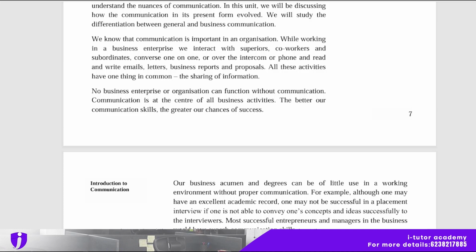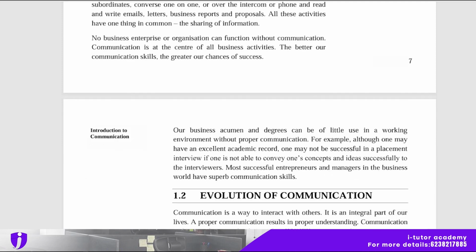While working in a business enterprise, we interact with superiors, co-workers, and subordinates, converse one on one or over the intercom or phone, and read and write emails, letters, business reports, and proposals. All these activities have one thing in common: the sharing of information.